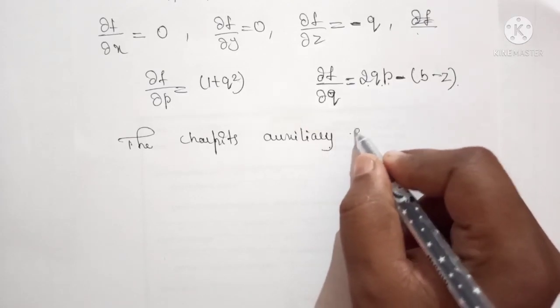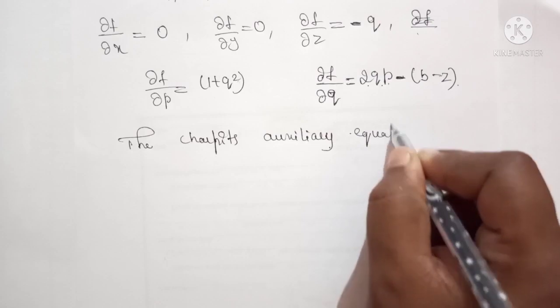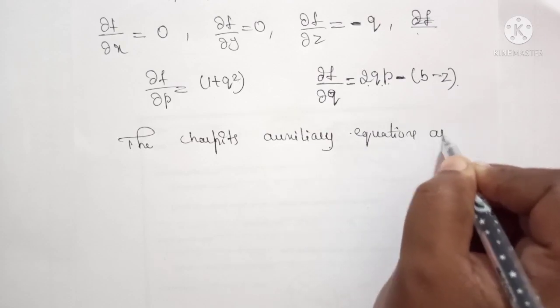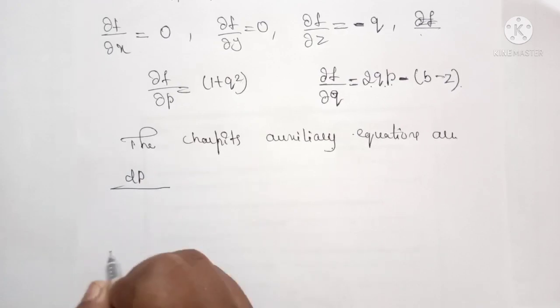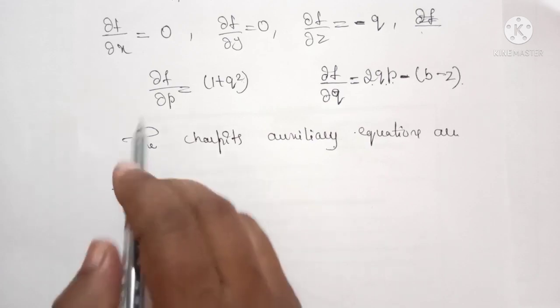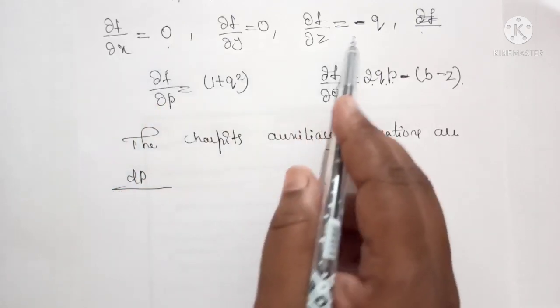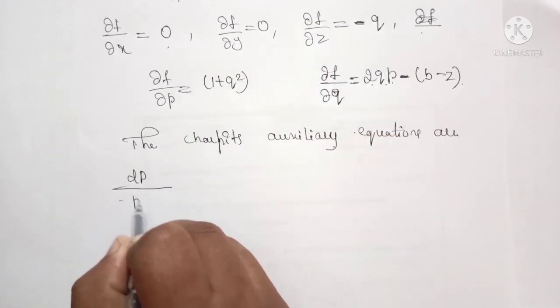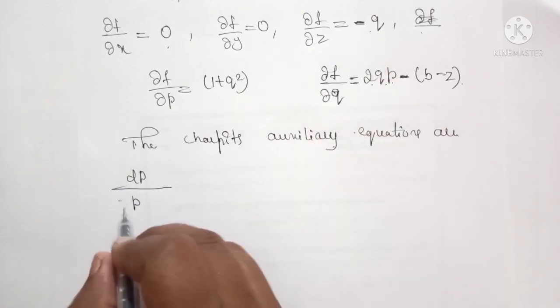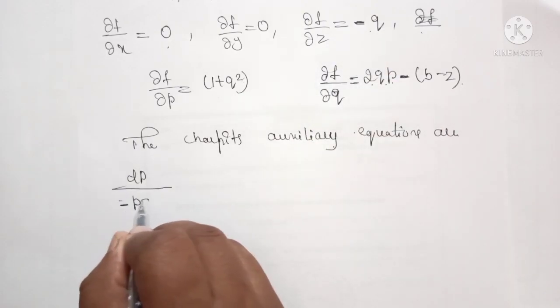Okay, auxiliary equations are dp divided by dou f divided by dou x plus p into dou f by dou z. Dou f by dou x is 0, p into dou f by dou z, that is minus q, therefore it is minus p q.